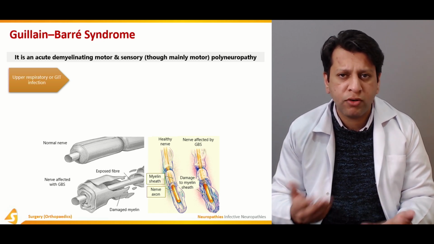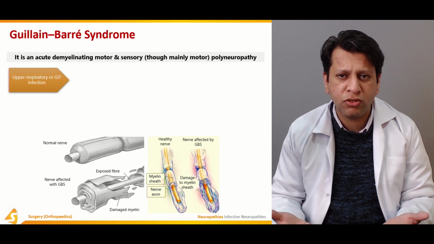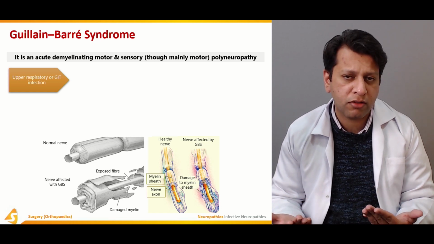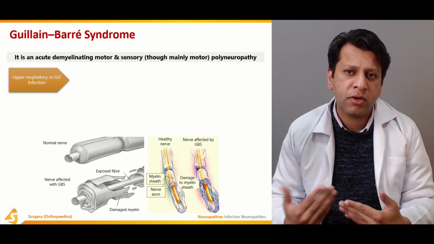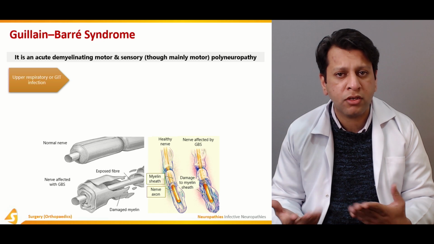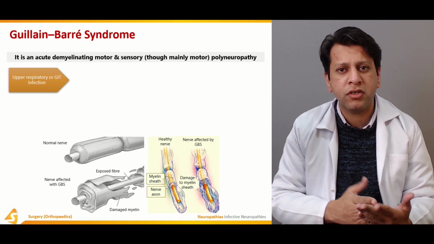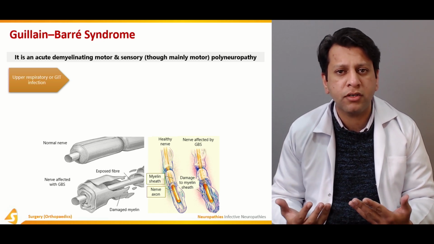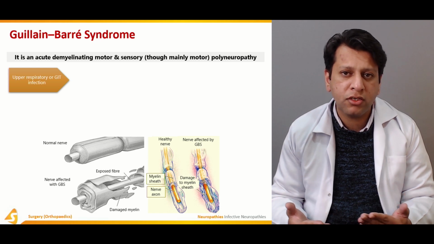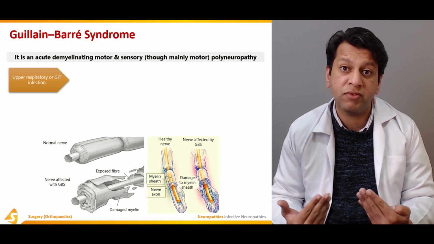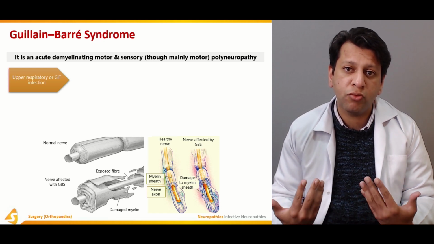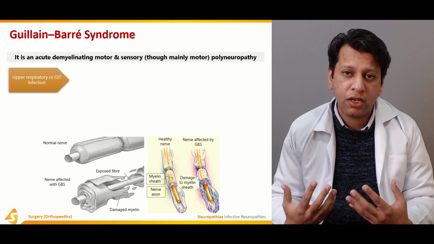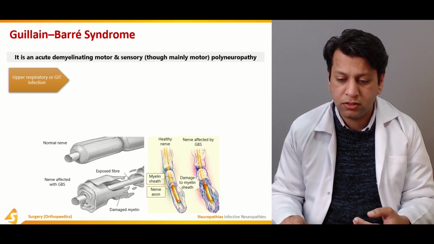These children are born well, absolutely normal, and all their milestones are normal, but then they get some kind of chest or gut infection. Post chest or gut infection, this results in the classical pattern of ascending paralysis: initially the lower limbs are weak and eventually paralyzed, then the pelvic girdle, and eventually moving to the trunk and upper limb. This pattern is usually seen with GBS.